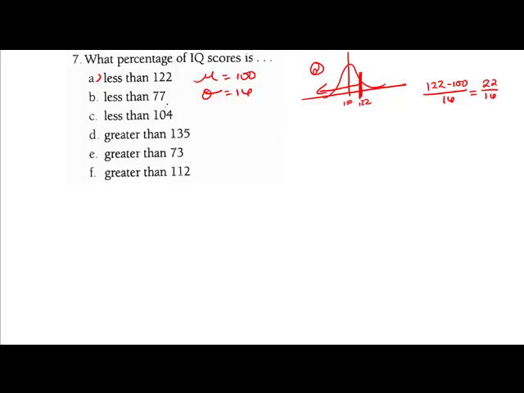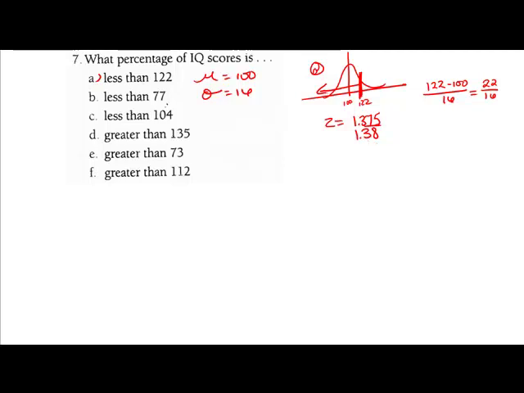Divided by 16, this z equals 1.375, or 1.38. It's asking for the percentage less than 122. So now I've got this z-score.